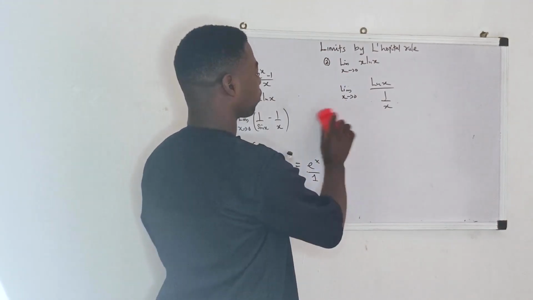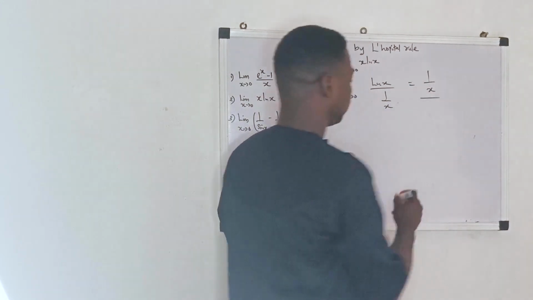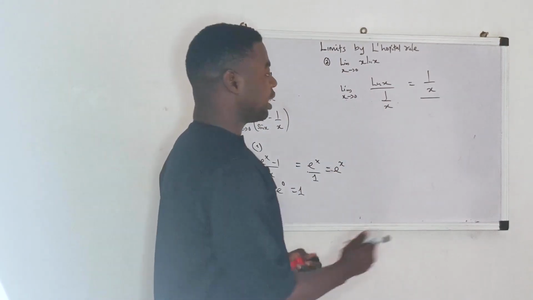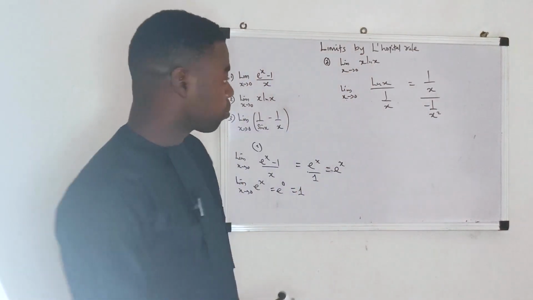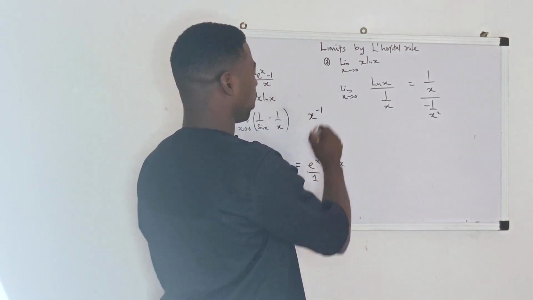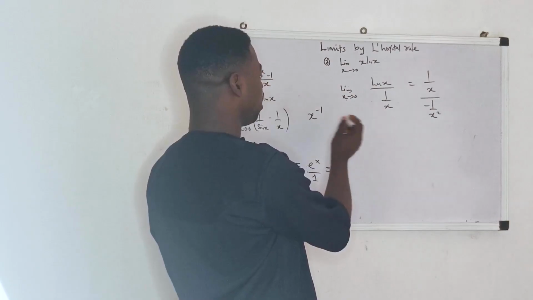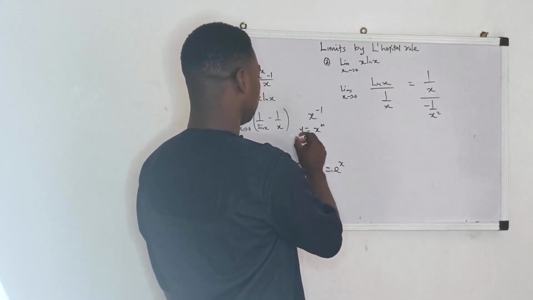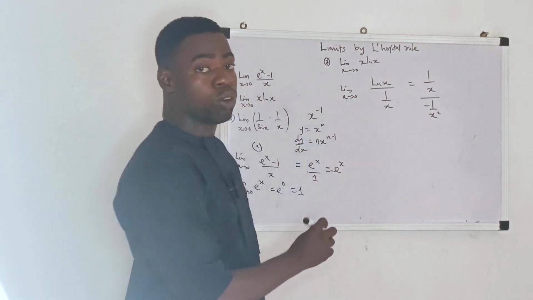So this becomes 1 over x divided by, if I differentiate 1 over x, what will I get? I'll get -1 over x squared. How did that work? 1 over x is the same thing, from the law of indices, as x raised to the power of -1. And from the rule of differentiation, if y is equal to x to the power of n, then dy/dx is equal to n x to the power of n minus 1.